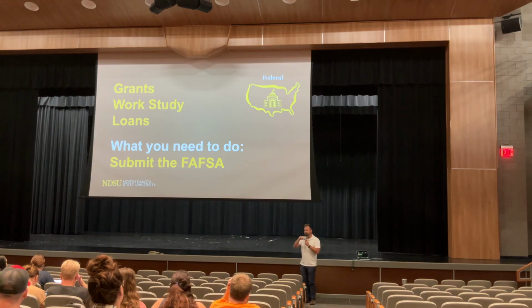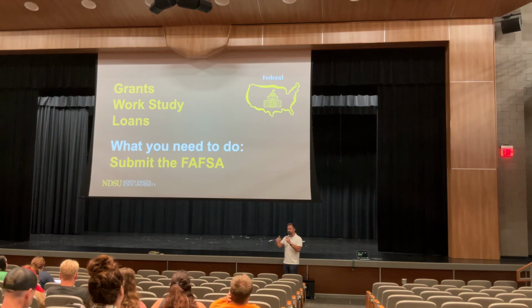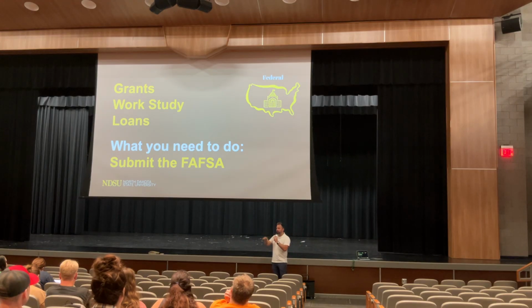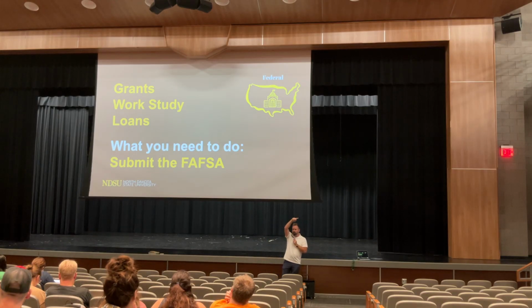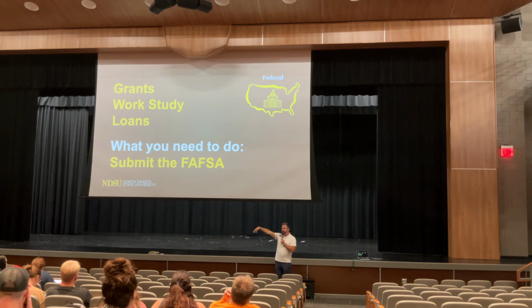And you'll go there and you'll log into your account after you've recovered it or created your own account. And then you'll be invited to complete your portion of that digital application. You'll sign, submit, and then boom, it's all done. It goes to the federal government, the Department of Education will review it, and then send it out to the colleges that you chose to have it sent out to.